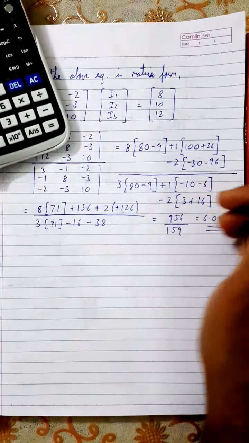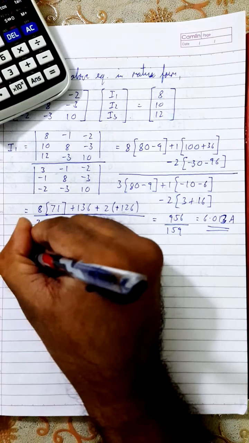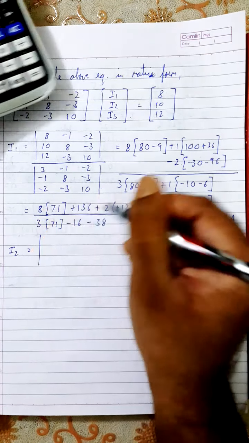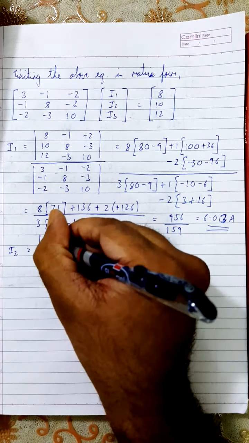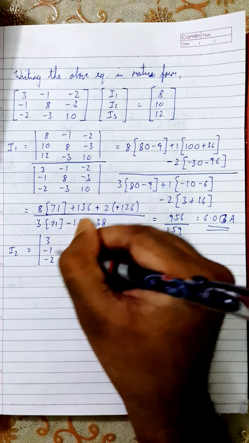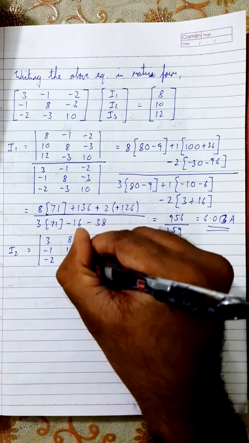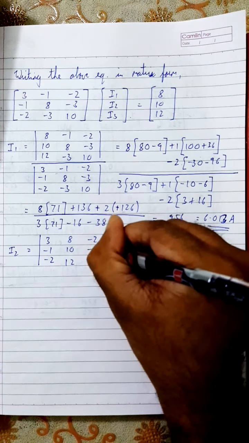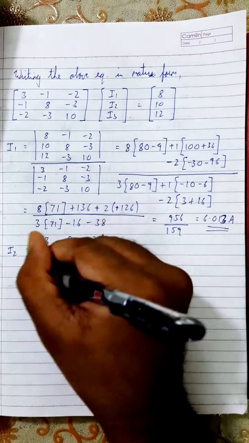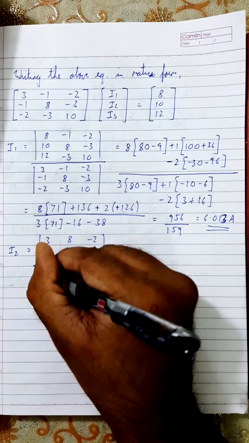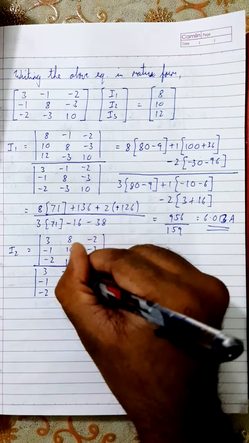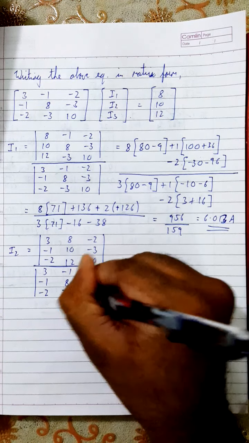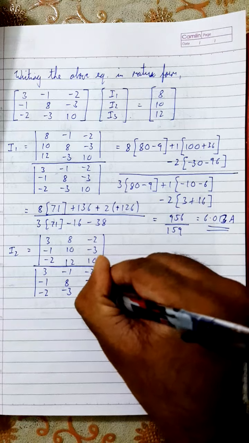Now the value of I2. For I2, the second column will be replaced with this, and the remaining will be the same. So 3, minus 1, minus 2, 8, 10, 12, minus 2, minus 3, 10, divide by the same denominator: 3, minus 1, minus 2, minus 1, 8, minus 3, minus 2, minus 3, 10.